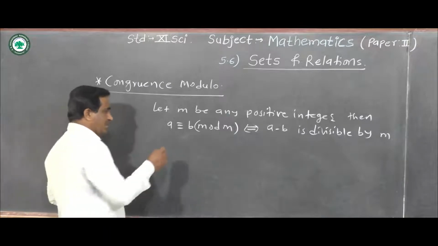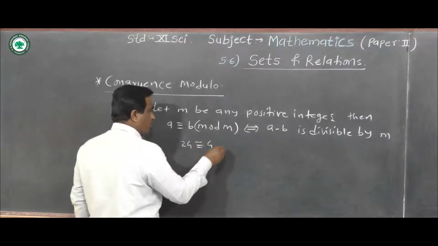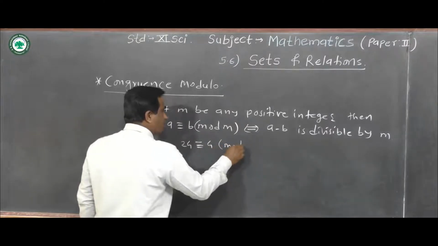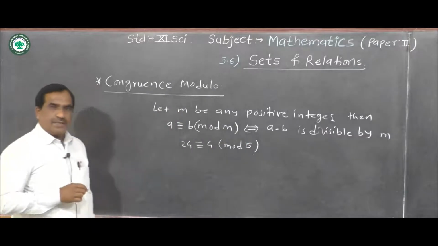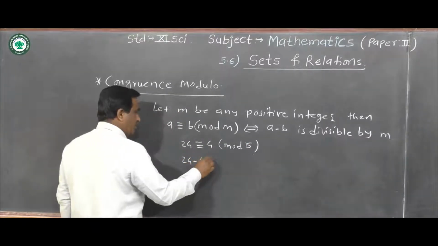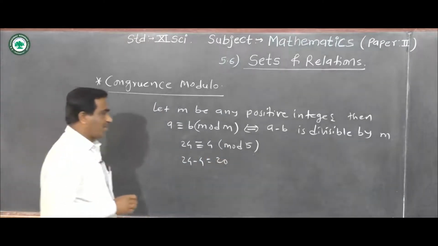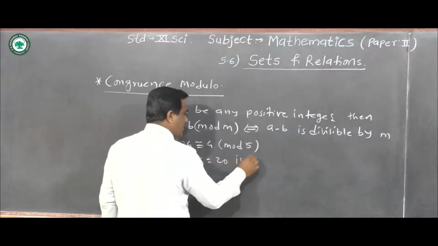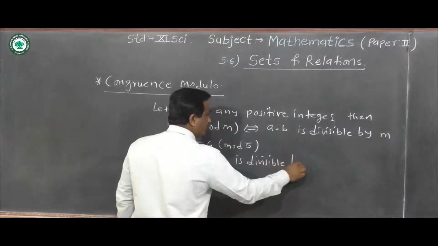For example, we can write 24 is congruent to 4 modulo 5. If we take the difference of these two numbers, 24 minus 4 is equal to 20, and this 20 is divisible by 5.